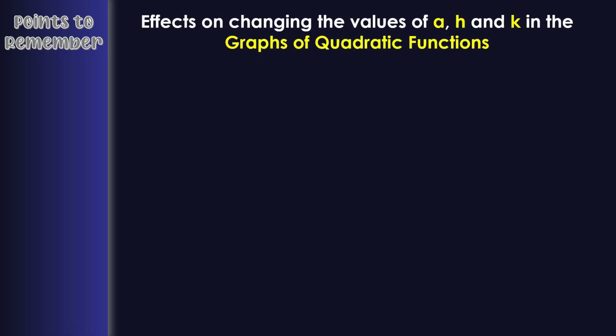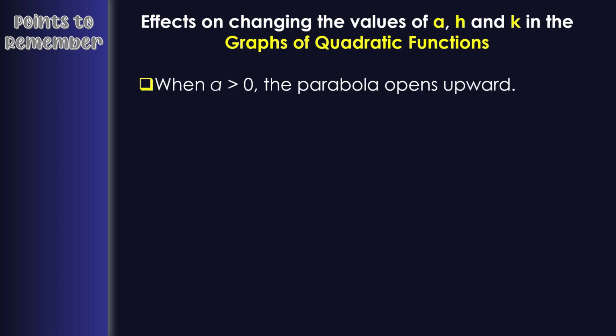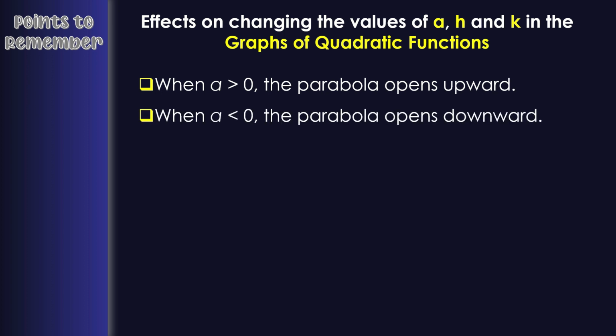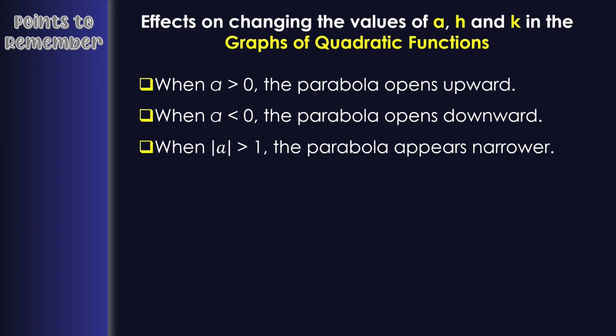Please keep in mind the following reminders on the effects of changing the values of a, h, and k in the graphs of quadratic functions. First, when a is greater than 0, the parabola opens upward. When a is less than 0, the parabola opens downward. If there is a change of a, the absolute value of a must be greater than 1.